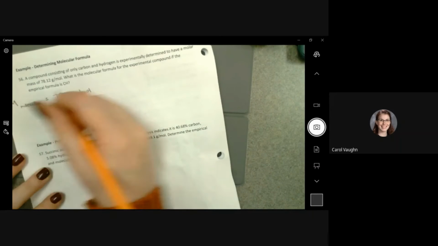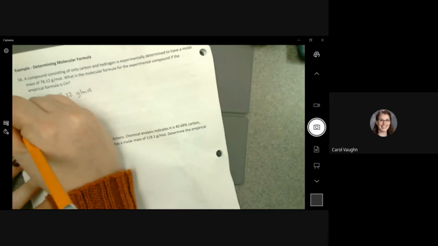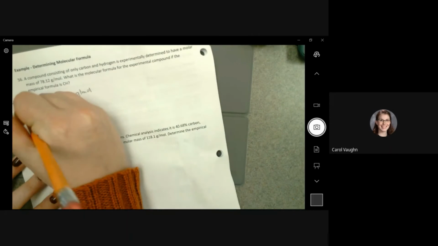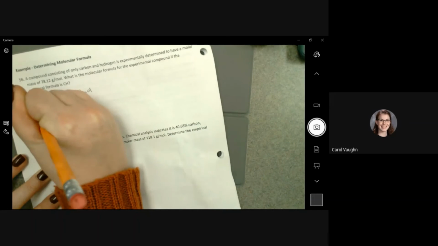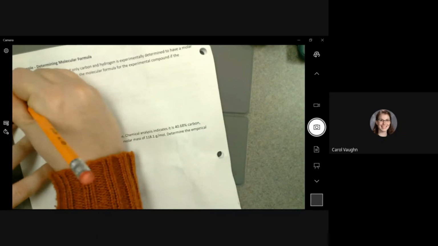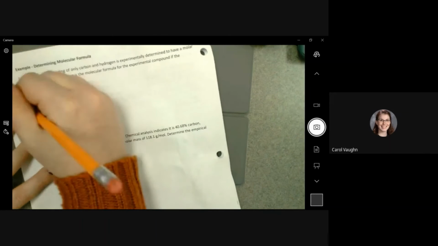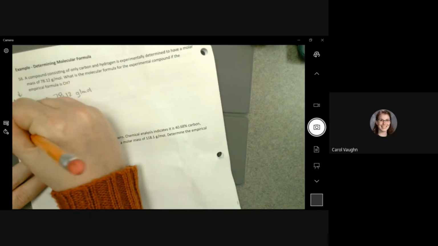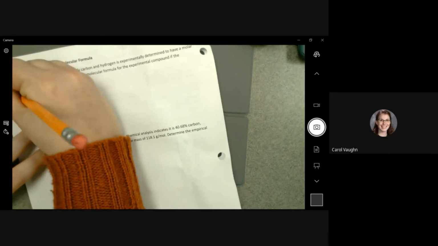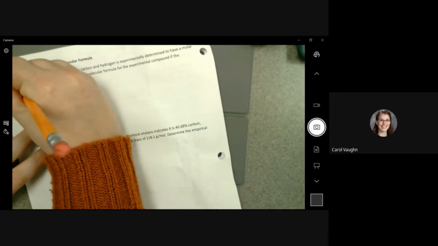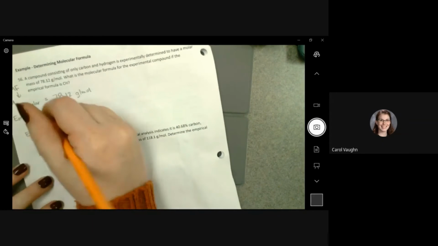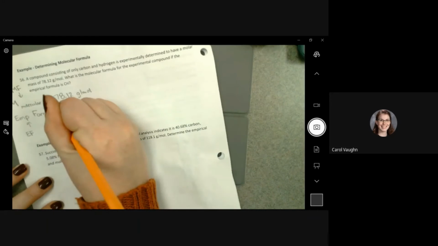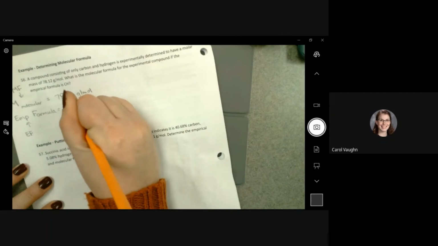The other thing that we know is the empirical formula. You're going to see me refer to these as EF, and we need to be mature because the other one is MF. We know that our empirical formula of this is CH.